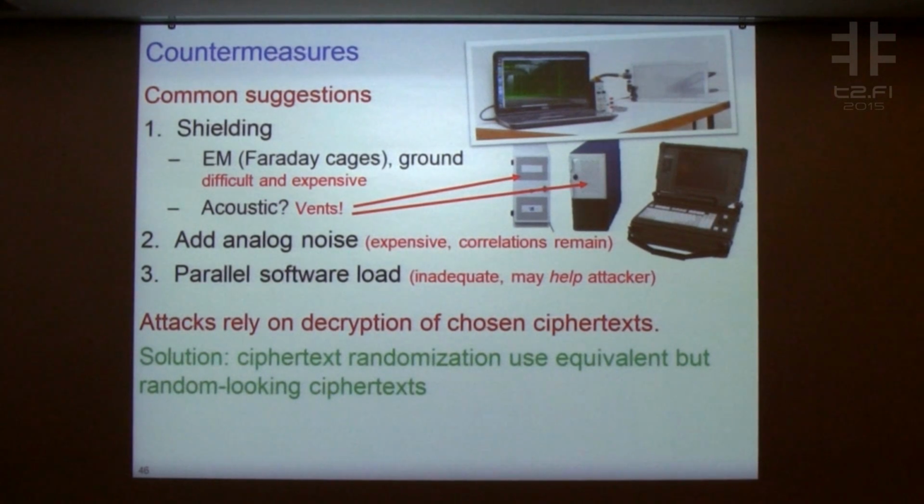So in the case of decryption, instead of decrypting the original ciphertext, we're going to craft a new ciphertext, which is mathematically equivalent to the original one, but will have a random bit pattern. So it will not have the mathematical properties and the bit structure the attacker designed, and we're going to decrypt it.